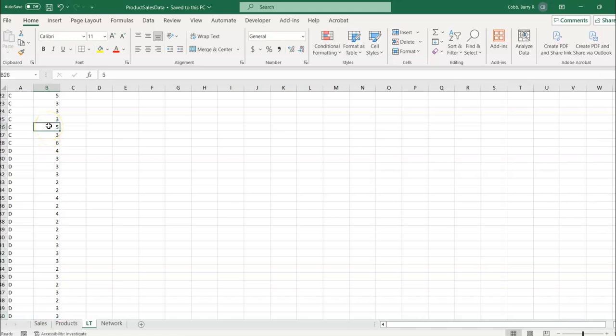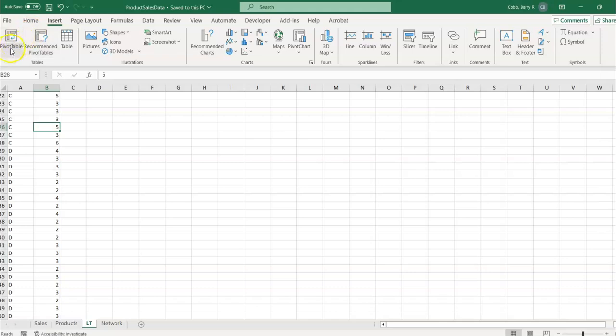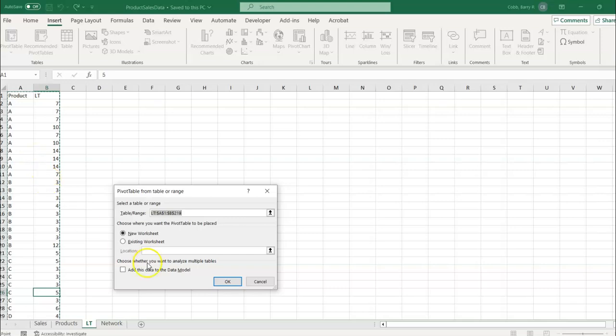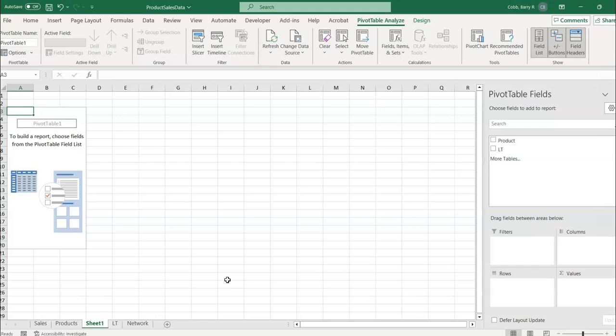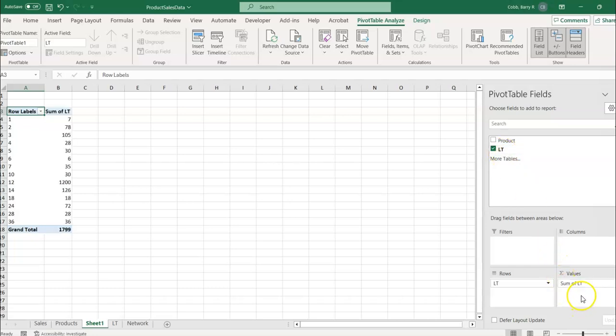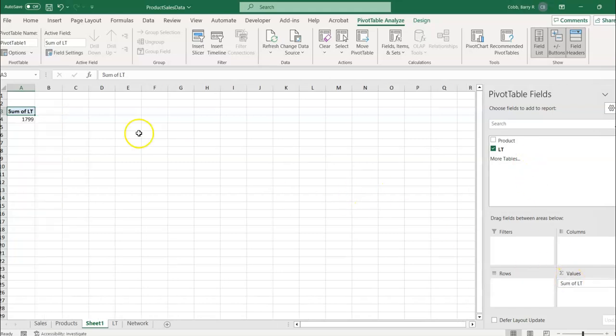So just to make sure we capture everything that's product D here, we can insert a pivot table. If we have the cursor somewhere in this range, we'll select that. There's only 2 columns. And so what we can do here is add lead time to the rows. Actually, let's take it out of the rows. All we really want to do is calculate not the sum of lead time.